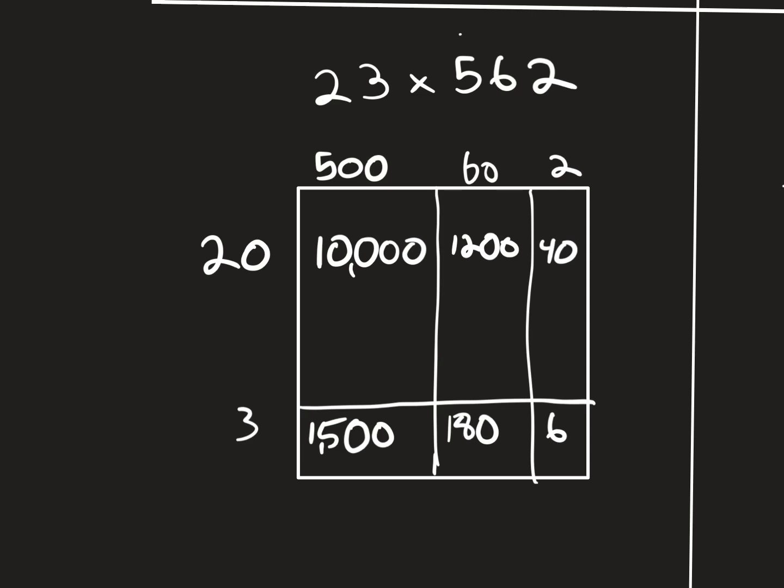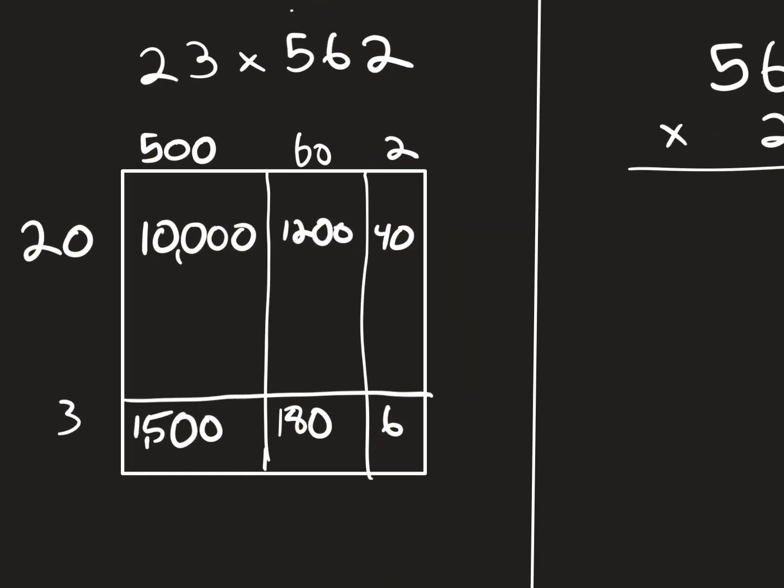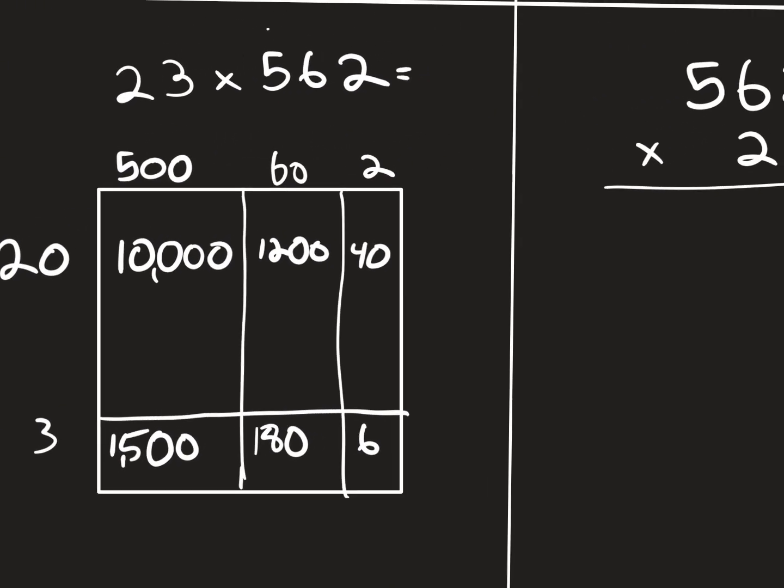So now, same thing, I need to add these all up. So I'm gonna add 10,000 plus my next big one, 1,500, 1,200, I have 180, I have 40, and I have 6.